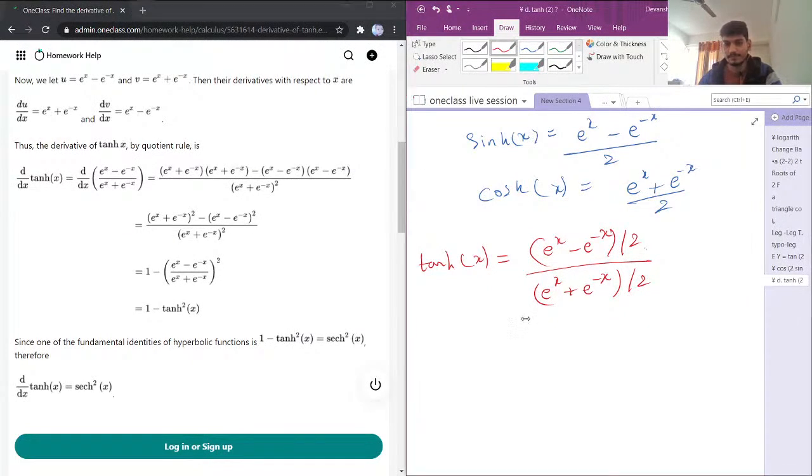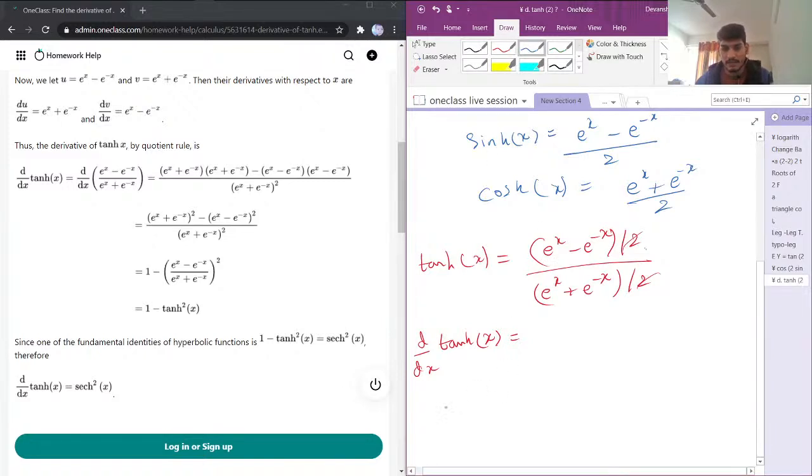Now we'll just differentiate this. So we take the derivative with respect to x of tangent hyperbolic of x, and we will just cancel the 2s. Now we are going to use the quotient rule of differentiation.